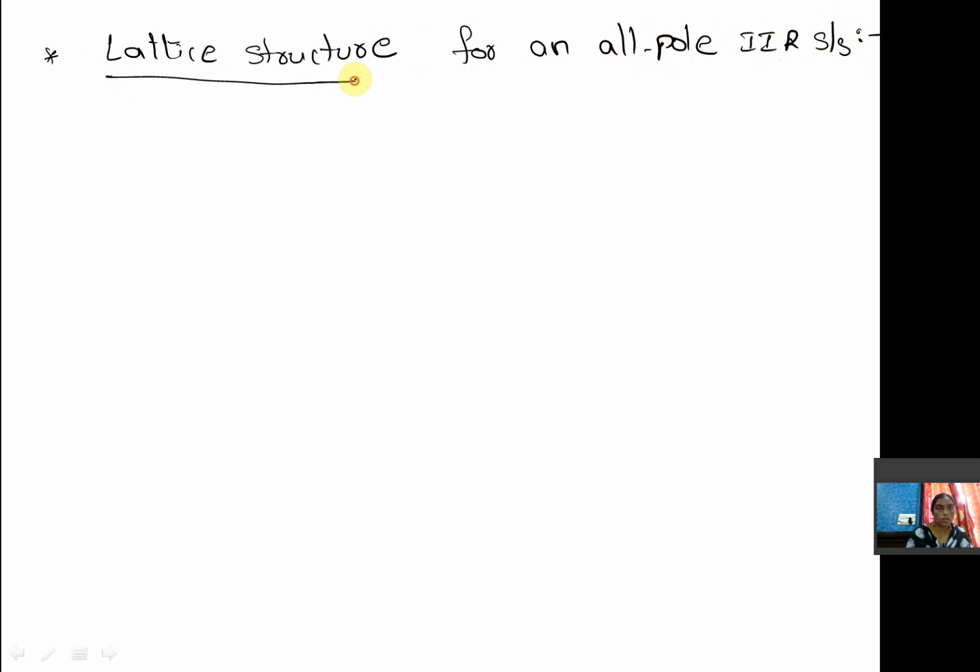Okay, right? So just practice the equations, then just reverse the lattice structure as in the FIR system. Okay, right? So first carefully understand the FIR system lattice structure form, then it is very easy to understand the IIR system. So now observe this one.